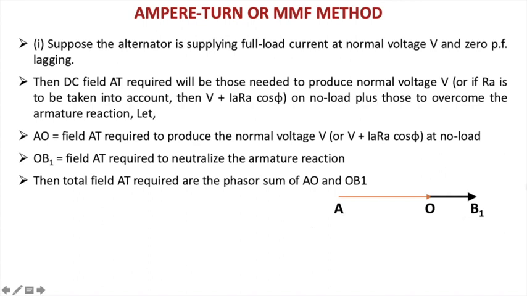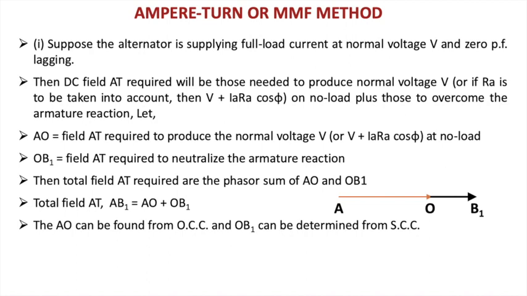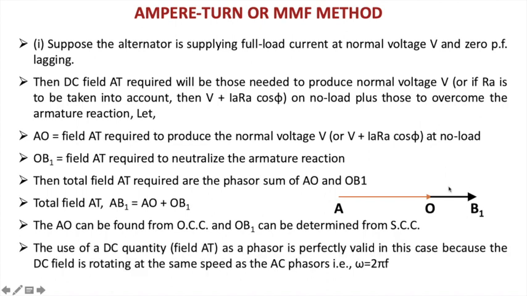Then the total field ampere turns required will be the phasor sum of AO and OB1, that is AB1, because it is directly in addition. Hence your total field ampere turns will be AB1. Now AO can be found from the open circuit test, while OB1 will be found from the short circuit test.